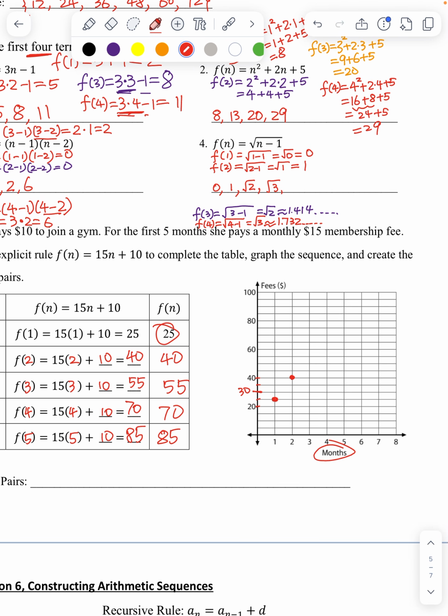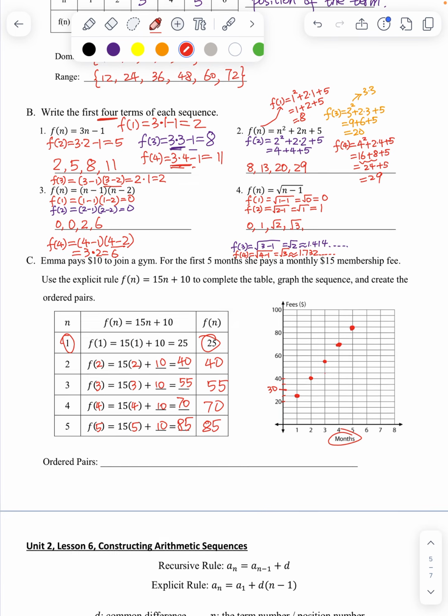Third month, 55: 40, 45, 50, 55, right here. Month 4, 70 right here. Month 5, 85, right here. That's it for the graph.